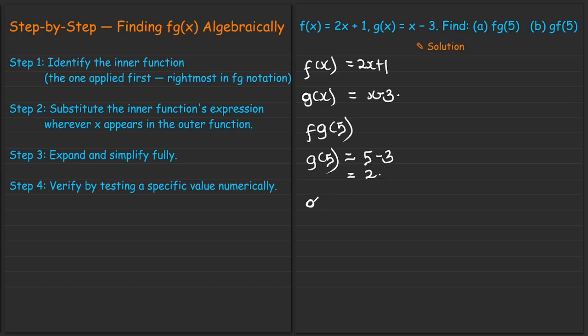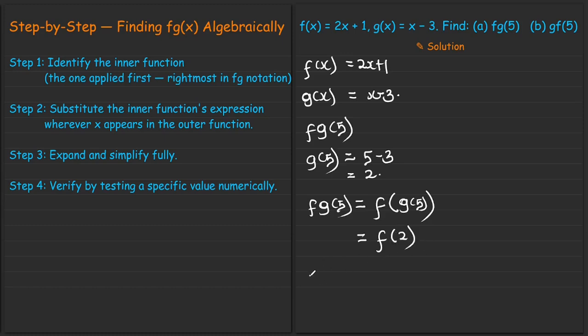It simply means our f of g of 5 is f of the function g of 5. You see? So g of 5 here gave us 2, so we just put the 2 there. It simply means we are now looking for f of 2.